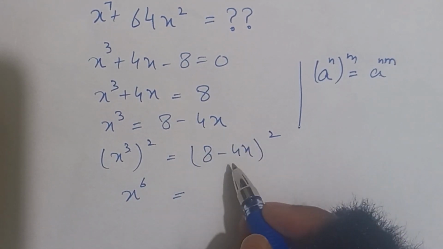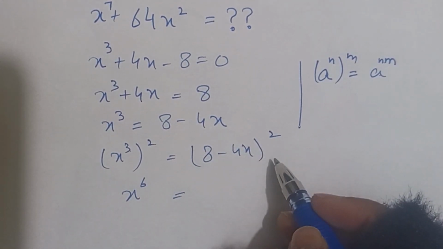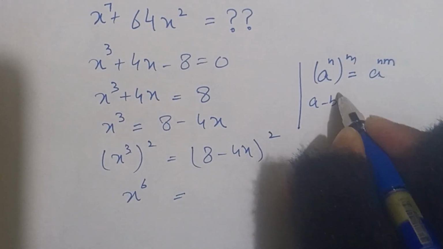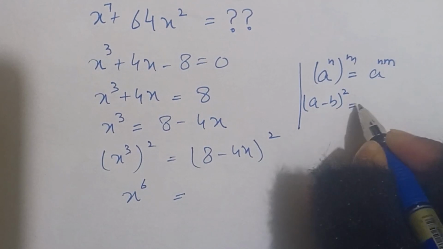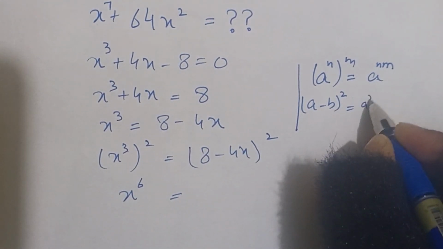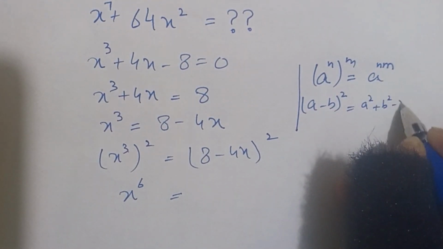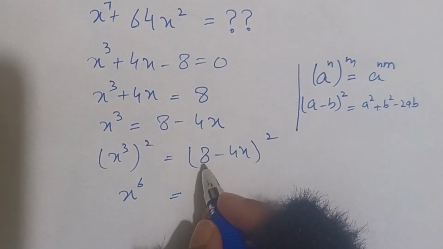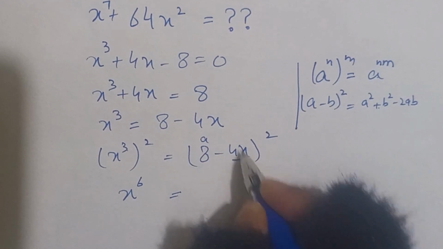On the right hand side we use an identity. So we recall the identity. As we know, (a minus b) whole square is equal to a square plus b square minus 2 times the product of a and b. So we apply this property on this term. This is a and this is b.